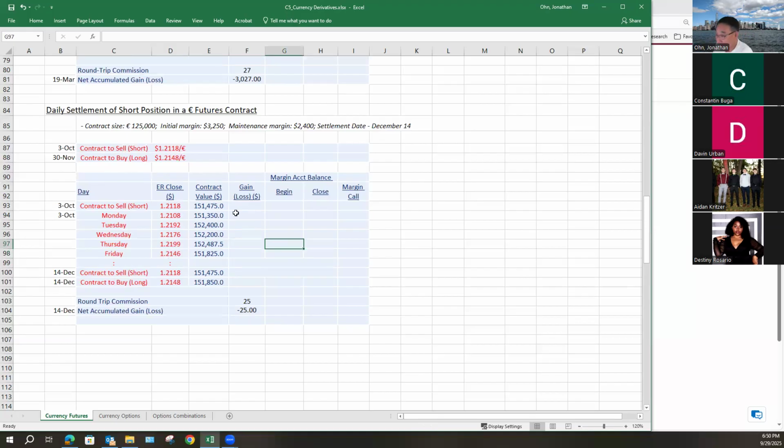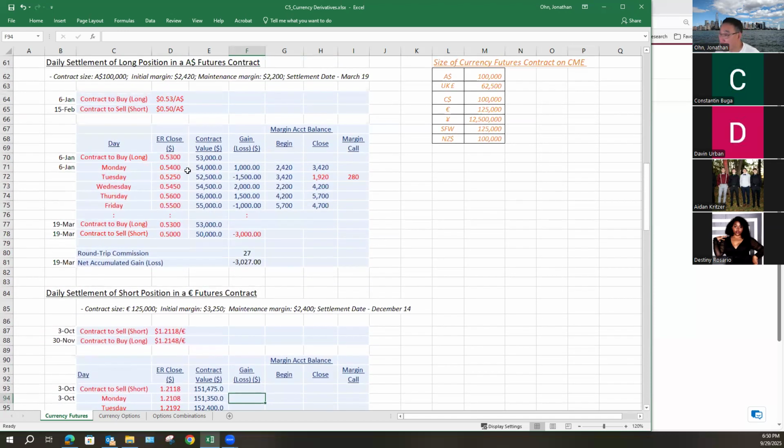Now, the next one is you have to calculate gain or loss. You should be careful, this is a little bit tricky. When you are in a long position, value increase is your gain.